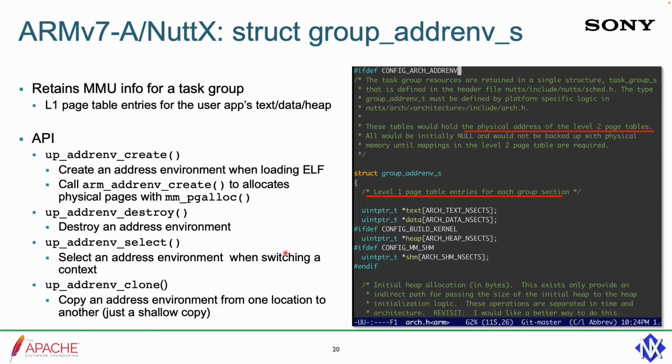For example, app address and creates address environment when loading a user application. In this API, it calls app address and create to allocate physical pages with MMPG alloc. Another example is app address and select, which selects address environment when switching a context.